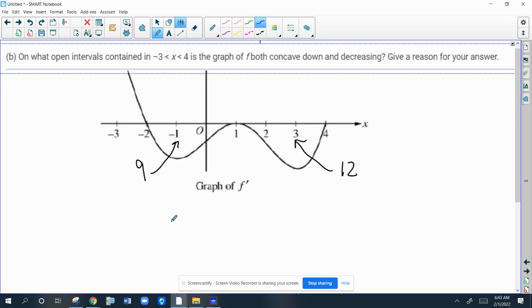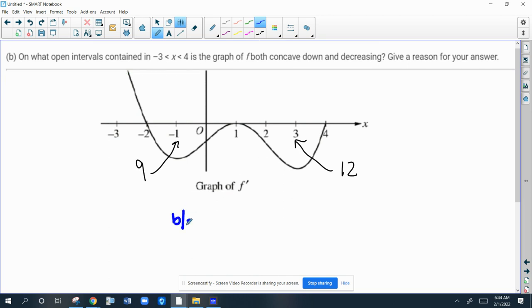So it's concave down because f prime is decreasing. That's always the reasoning for concave down. And where's the graph decreasing? Well, a graph is decreasing when the derivative is negative.